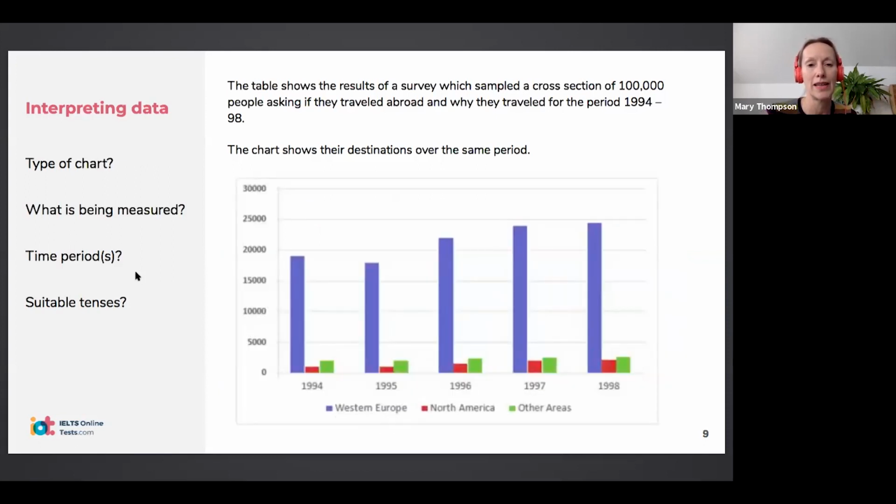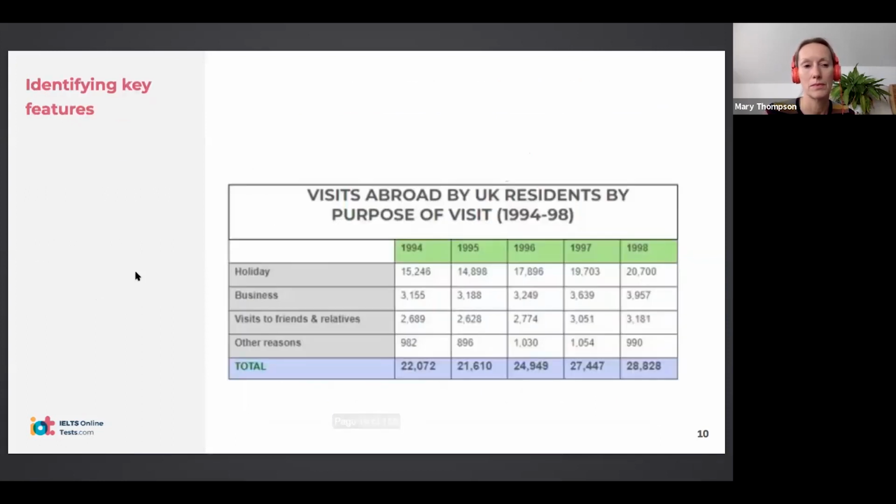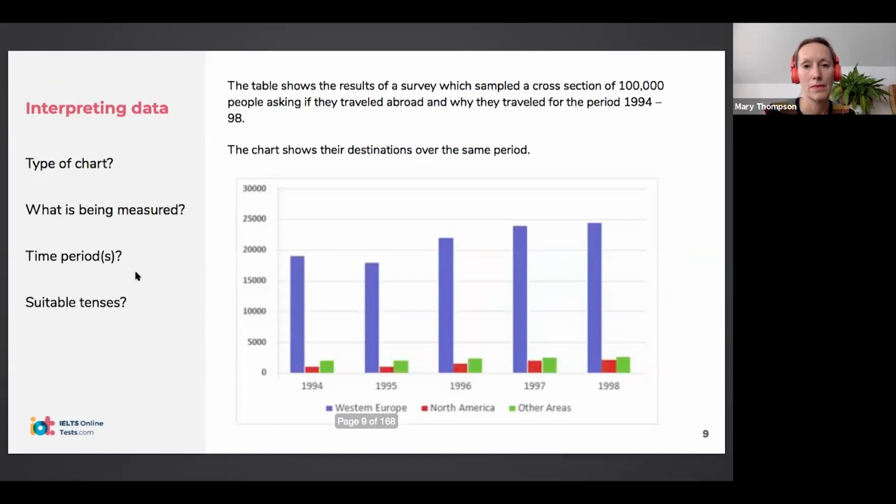Okay, and now looking at this one. So what kind of chart is this? Yeah, thanks, Mohammed. So it's a bar chart, that's right. What's being measured here? Destinations, that's correct.